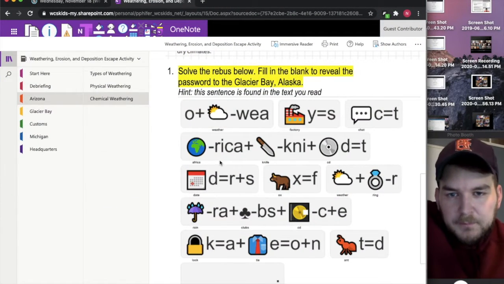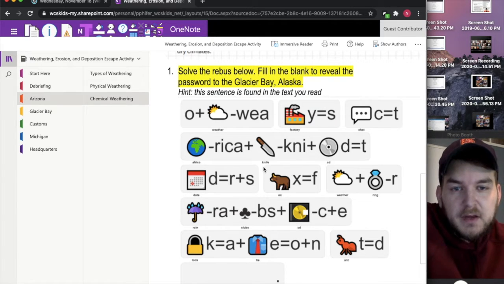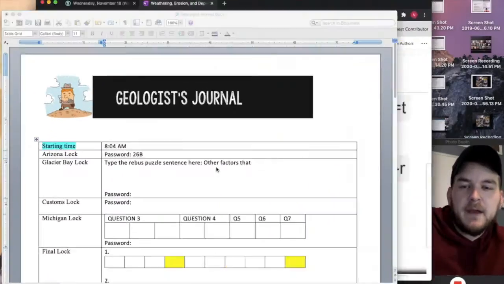Okay, this one. So we have Africa minus RICA, so AF plus knife minus the first 3 letters, so that would be FE. So AF, FE, and then CD, but the D is equal to a T, so AF, FE, CT, that would be effect.